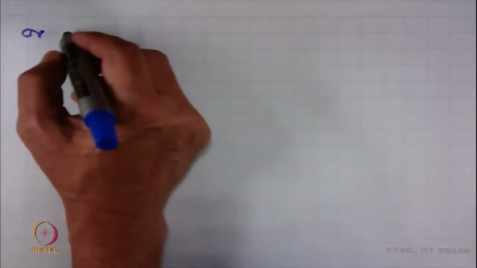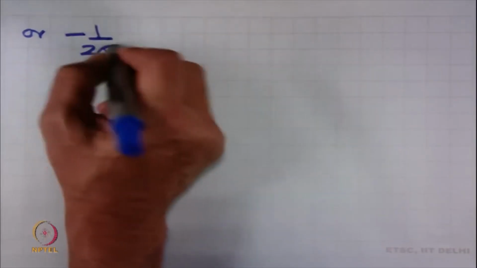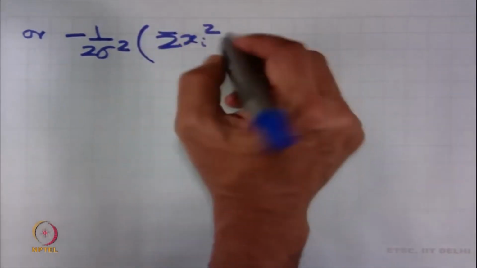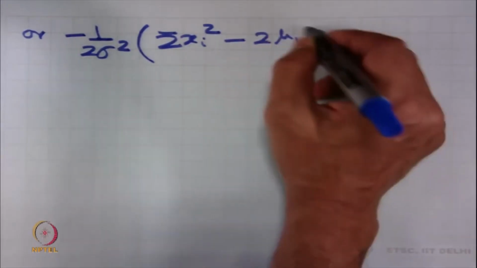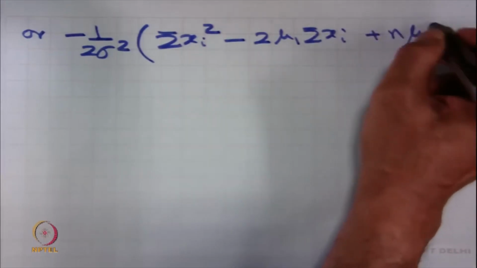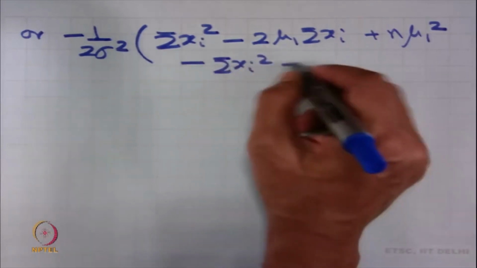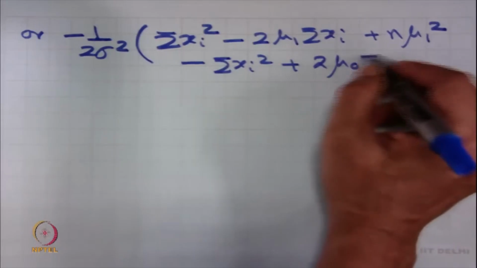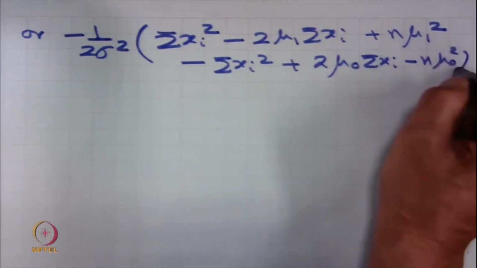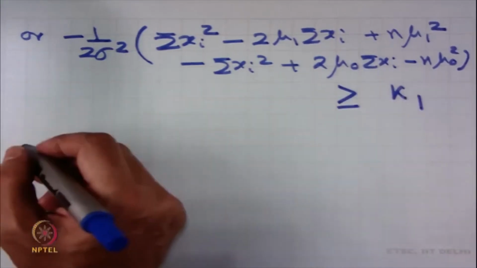Or by taking natural log, minus 1 upon 2 sigma square into sigma xi square minus 2 mu 1 sigma xi plus n mu 1 square minus sigma xi square plus 2 mu naught sigma xi minus n mu naught square is greater than or equal to some constant, say k1.